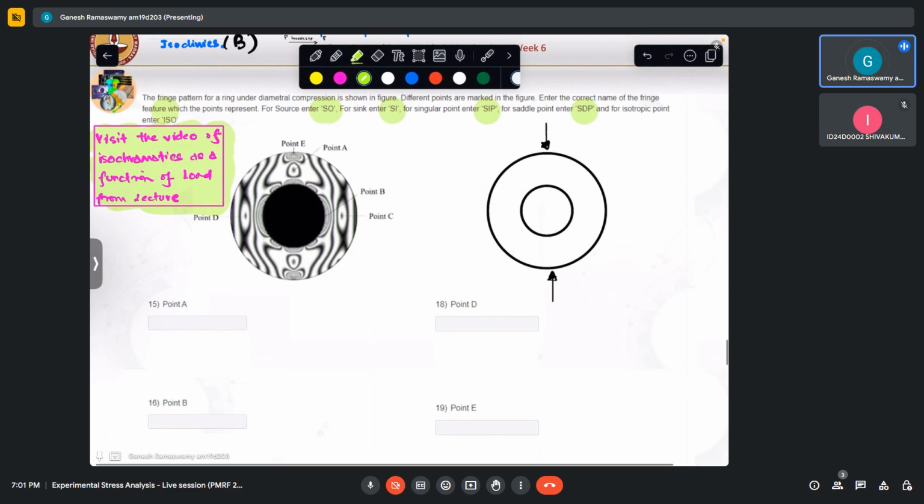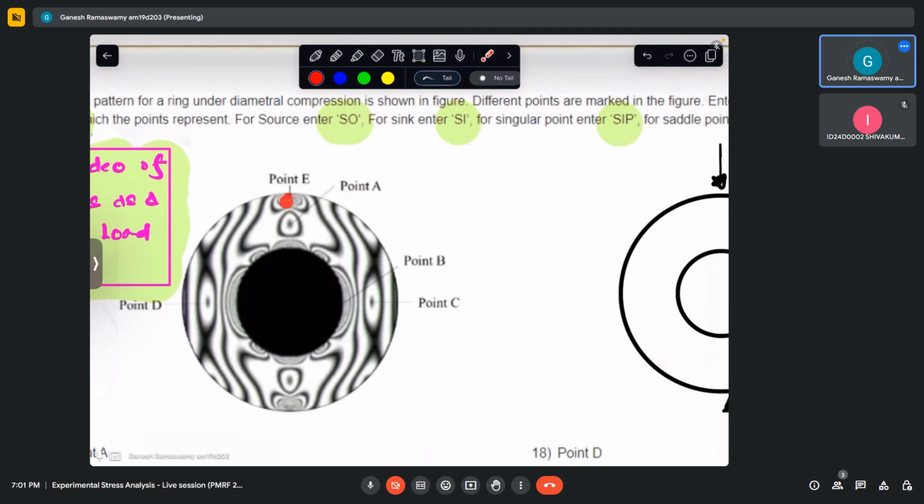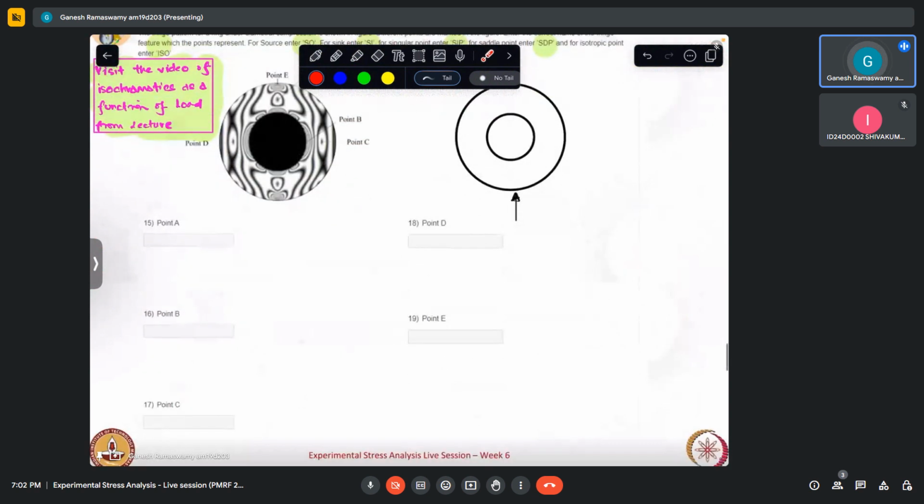So when we see that, what we see is that the fringes evolve and it starts disappearing here. So when we load it more, this fringe basically becomes thinner, and whatever is inside, it disappears, it basically vanishes. So what point A represents is a sink.